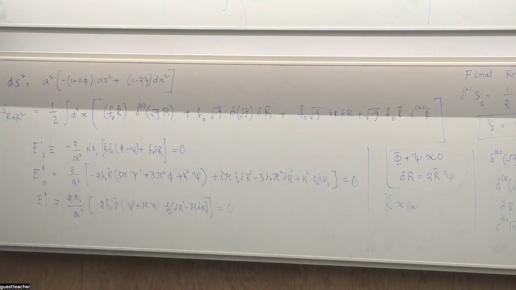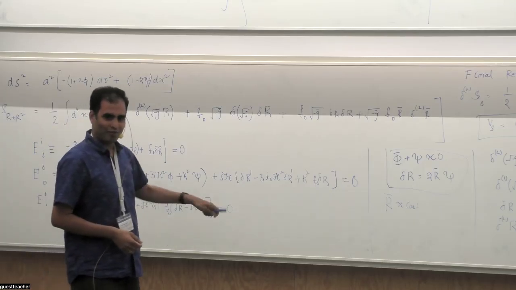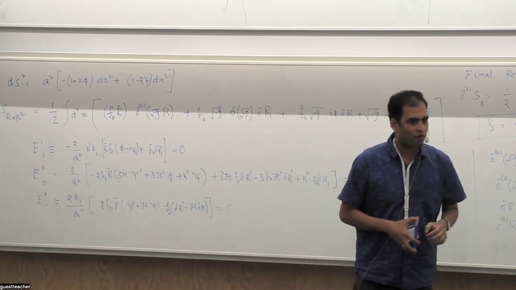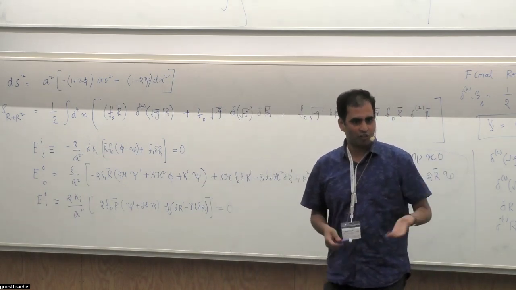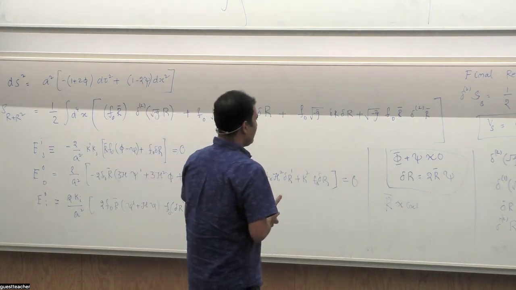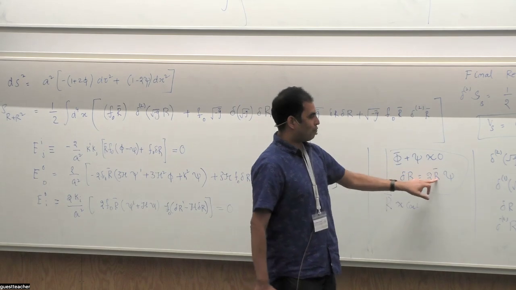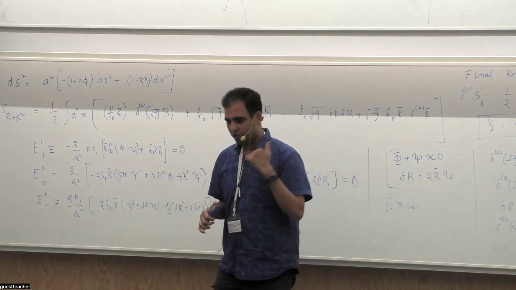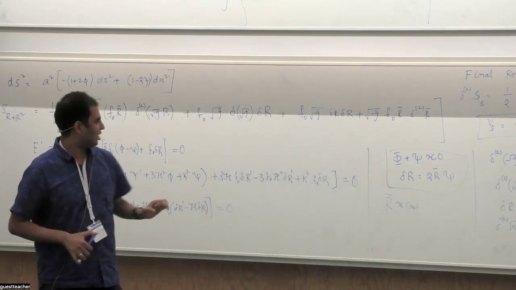You can ask why. I told you corrections are very important, but here I am neglecting them. Don't worry, we will bring back those corrections in the final computation of observables. We will see how that emerges. But keep in mind that this R bar is not just the de Sitter case, but there are slow roll corrections which we will bring back at the end.